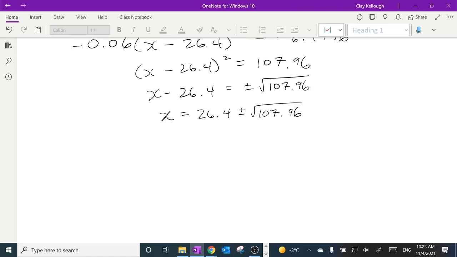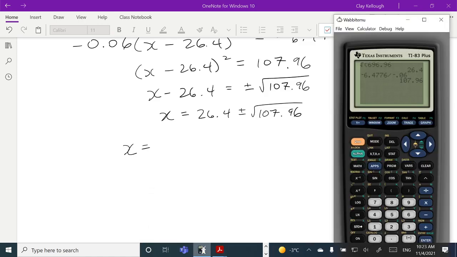I need them both to solve these two questions. So x is, all right, advanced calculator techniques here. 26.4 plus the square root of my answer. So that's 36.79.